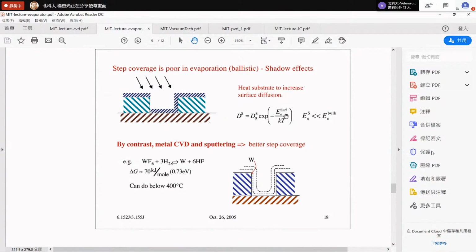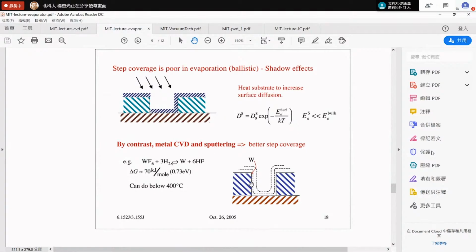So how to solve this problem? There is one easy way. You can heat the substrate. When you heat the substrate, the temperature increases, so D increases. So surface diffusion increases, and the atoms can migrate to here.